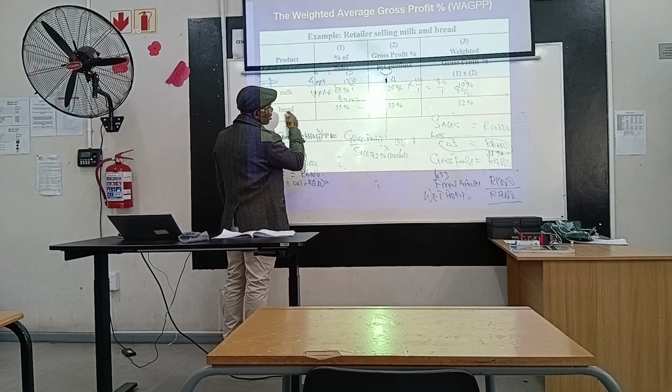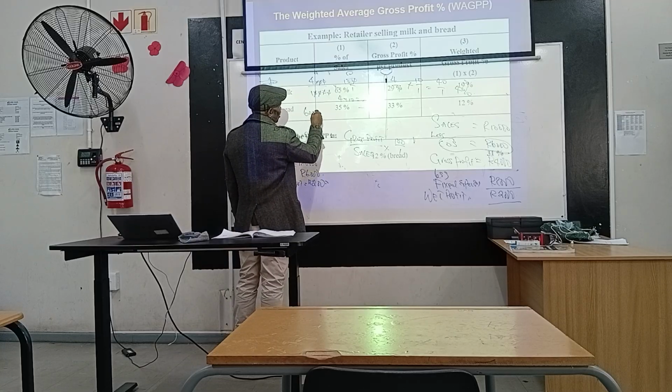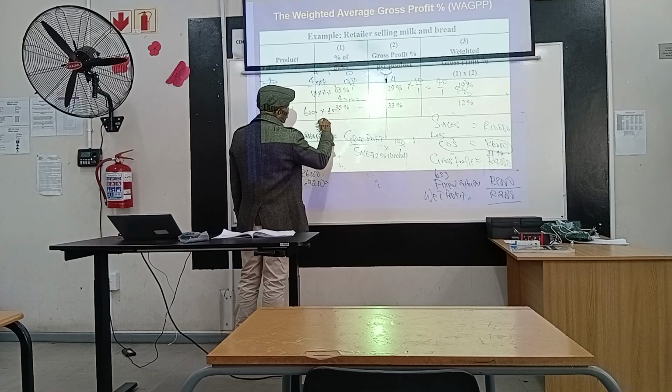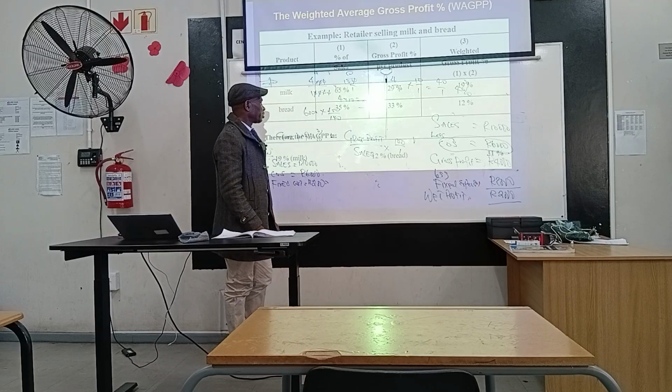Say 6,000 times 100 divided by 140. Can you work out this one for me? Let me see.